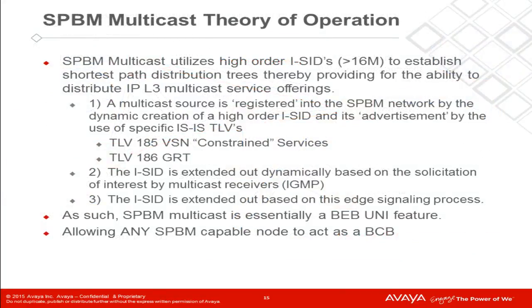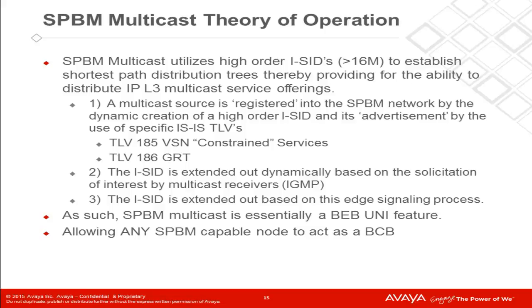The basic theory of operation for SPBM multicast is fairly straightforward. First, the implementation reserves the use of higher-order ISIDs with those of a value greater than 16 million. These ISIDs are now reserved as dynamic circuits that will serve as the IP multicast distribution trees. A multicast source is registered into the environment by the creation of a dynamic ISID at the backbone edge bridge where the source resides.